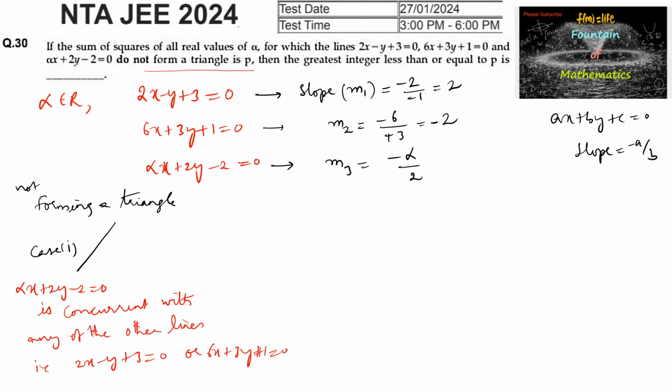In such a case, the area of the triangle will become 0, that is there is no formation of a triangle. And the condition for this case, we can use the determinant method.